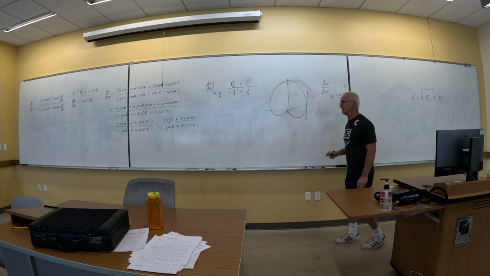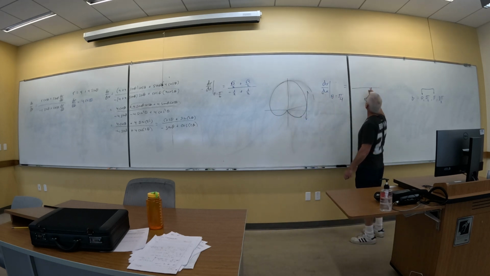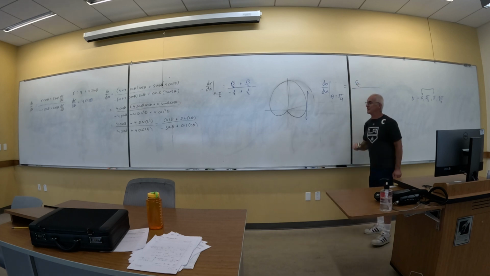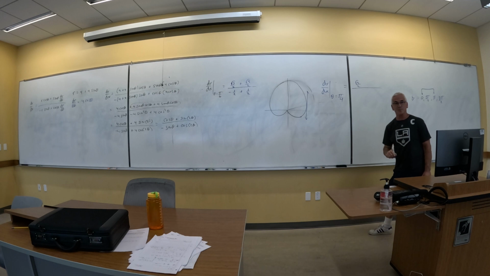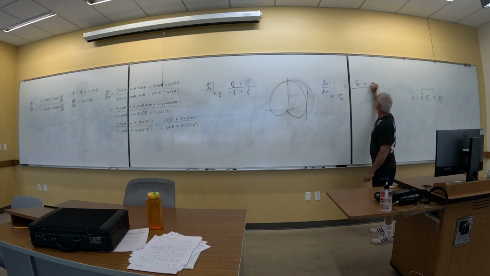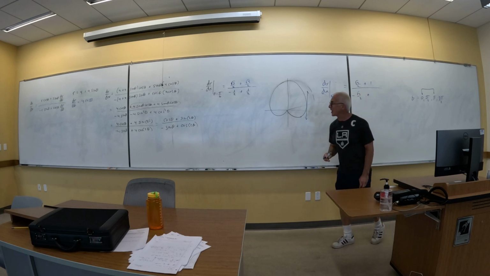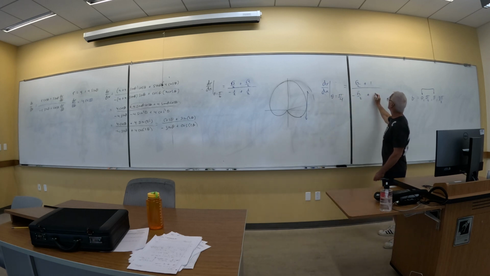Cosine of pi over 4 is root 2 over 2. The sine of 2 times pi over 4, so the sine of pi over 2, is 1. Negative the sine of pi over 4, so that'd be negative root 2 over 2. And the cosine of pi over 2 is 0.